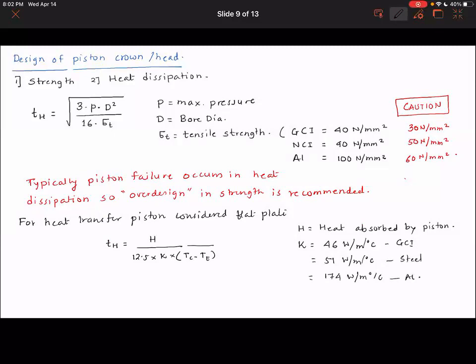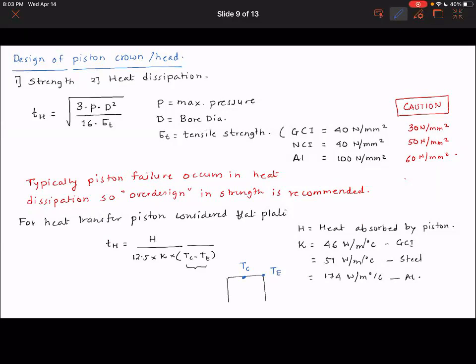Now, what are Tc and Te? Tc is the core temperature and Te is the edge temperature. So Tc is the temperature at the center of the piston and Te is the temperature at the edge of the piston.